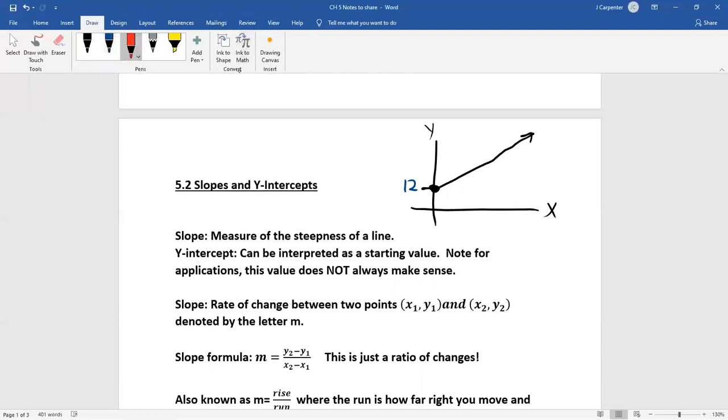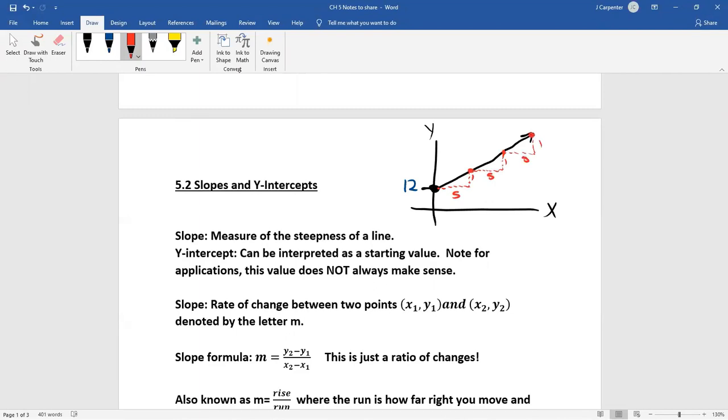And then as you move along this line, you're going right and then up, right and then up. Let's say you're going to go right 5 and then up 1. You'll go right 5 and then up 1 again to get to another point. Then you can go right 5 and up 1 to get to another point, et cetera.